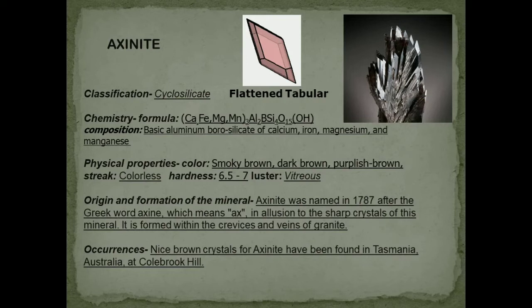Streak is colorless, hardness is 6.5 to 7, and luster is vitreous. Axinite was named in 1787 after the Greek word axine, which means axe. This beautiful crystal has been found in Tasmania, Australia, and Colebrook Hill.